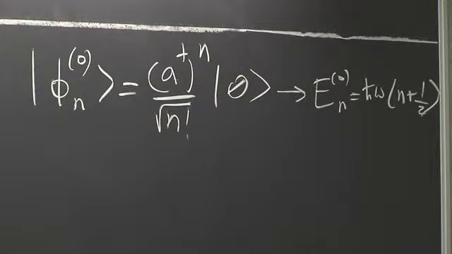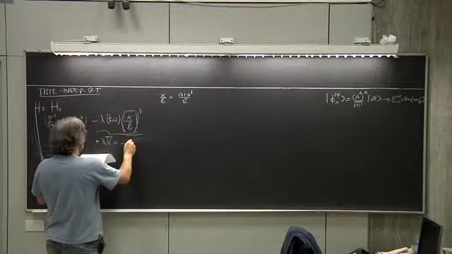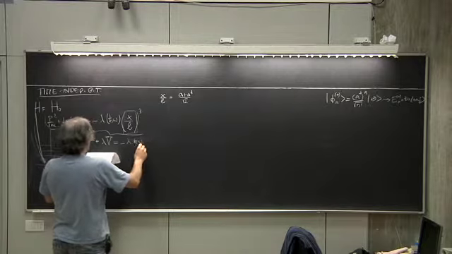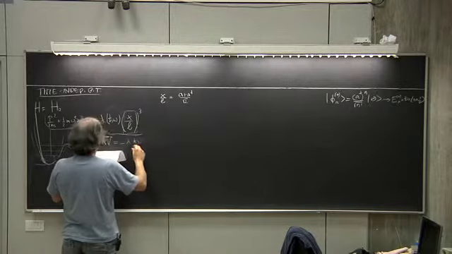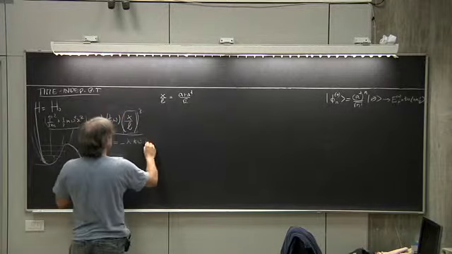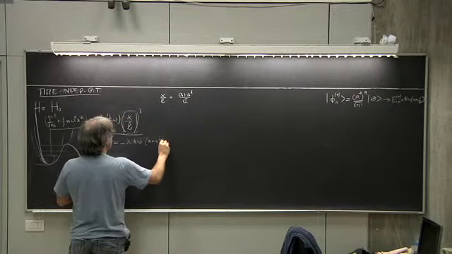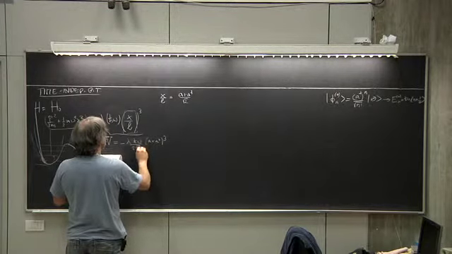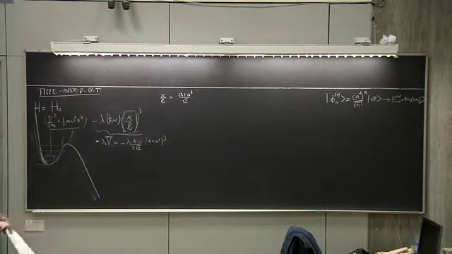I calculate this. So I have this object to be just minus lambda h bar omega. Then I have this thing to the cube. So I have (A plus A dagger) cubed. And then I have the 2 square root of 2 because of the cube of square root of 2.